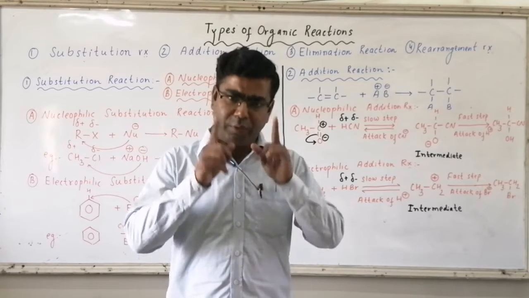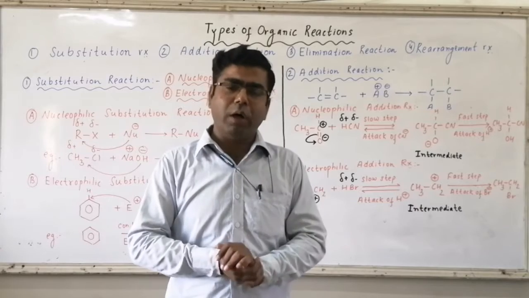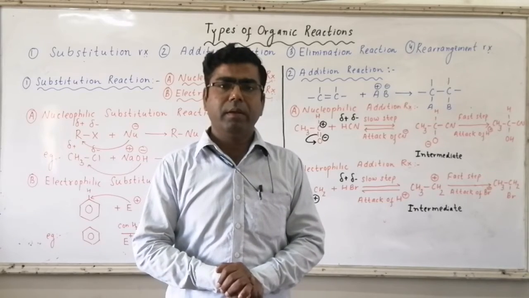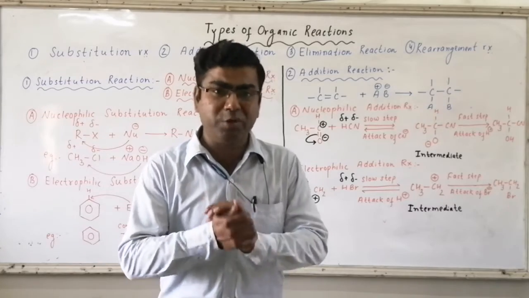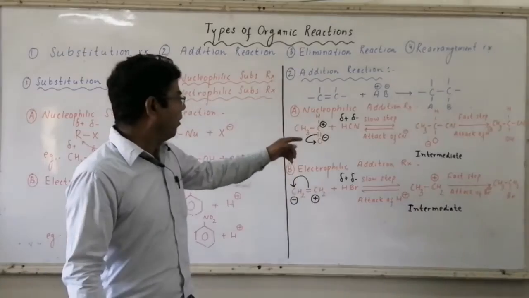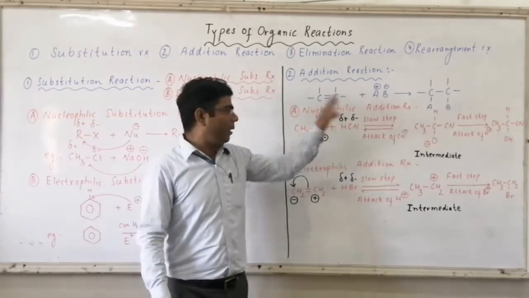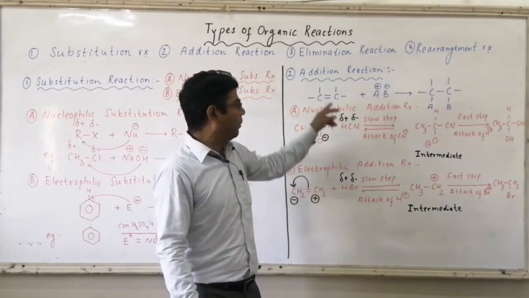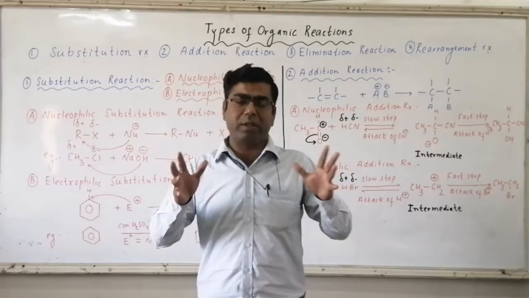So during this reaction, one pi bond or one double bond will be converted to two single bonds, or we can say two new sigma bonds. Here we are having a double bond or a pi bond. When AB is added, then this double bond is converted to two new single bonds, or we can say two new sigma bonds.